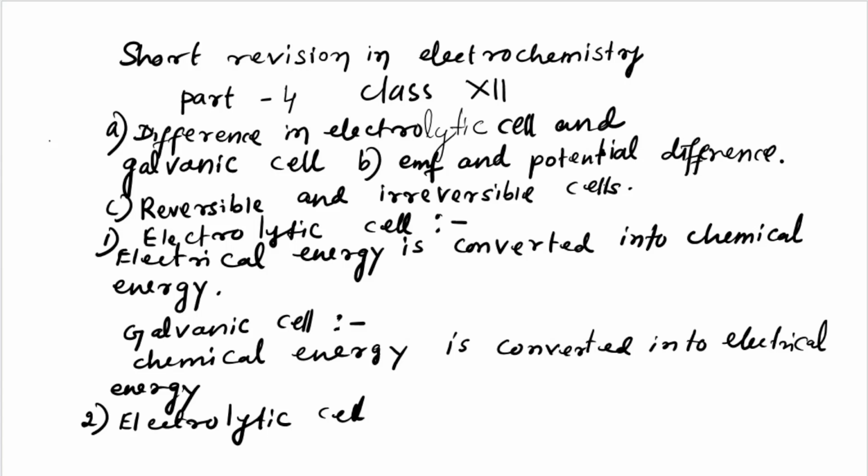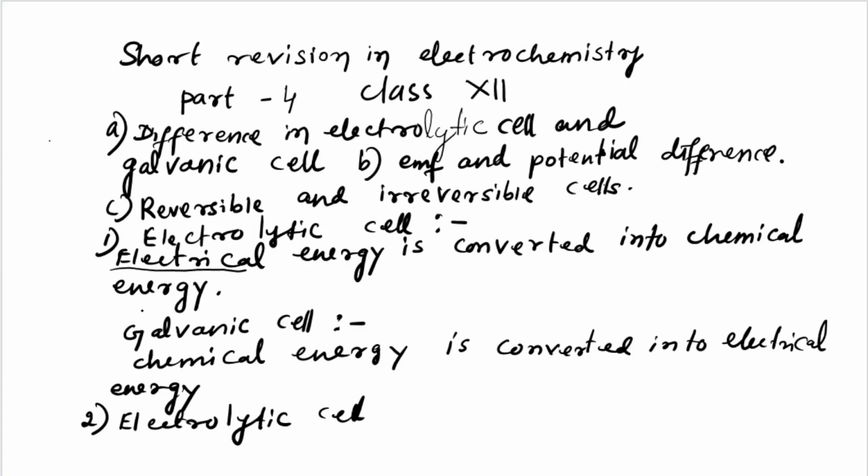What are the main differences between electrolytic cell and galvanic cell? Electrolytic means where electrical energy is converted to chemical energy. That means here electric energy is used to change to chemical energy. And in galvanic cell, what happened?